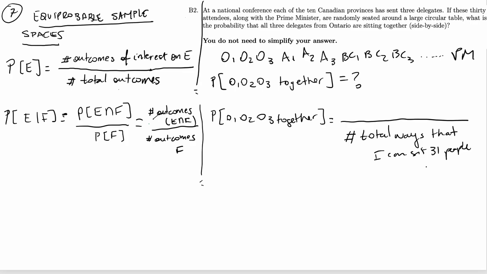And my interest is how many of these arrangements have O1, O2, and O3 together. That's what I have to try to answer. So it's just a ratio, and I have to calculate the denominator and the numerator.